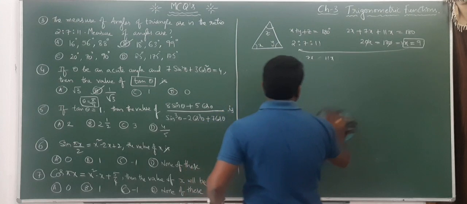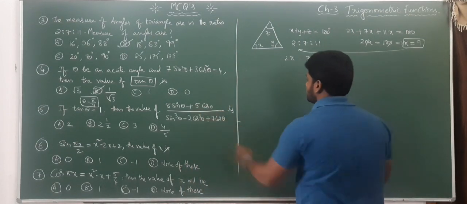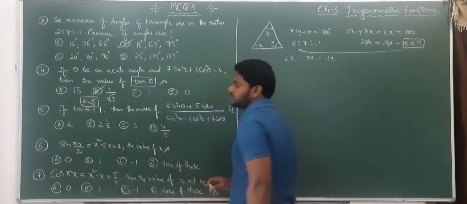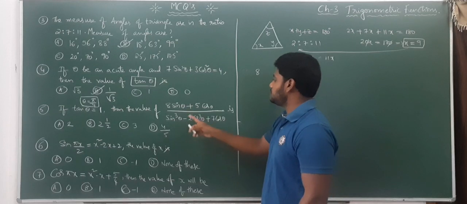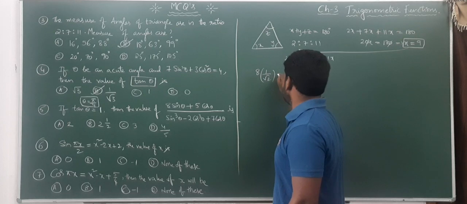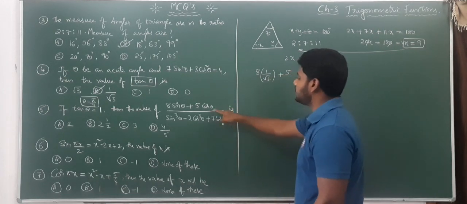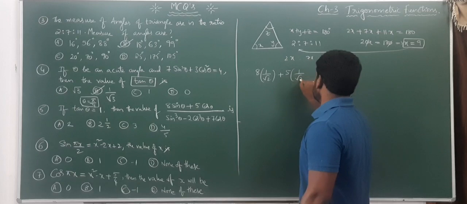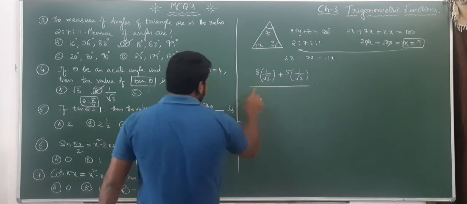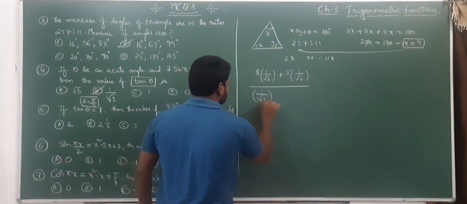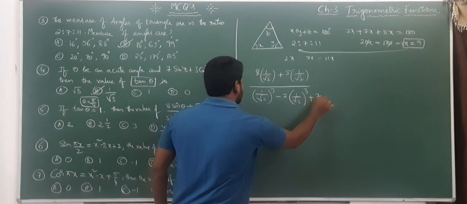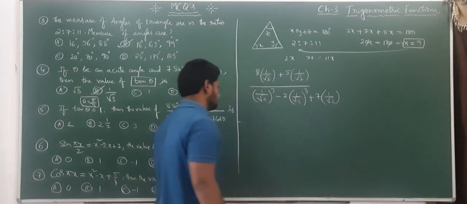Substitute θ equal to π by 4, nothing but 45 degrees, in this given equation. 8 into sin π by 4, nothing but sin 45, is 1 by root 2, plus 5 into cos 45, again 1 by root 2, divided by sin³θ. Sinθ is 1 by root 2, so 1 by root 2 whole cube, minus 2 into 1 by root 2 whole cube, plus 7 into 1 by root 2.